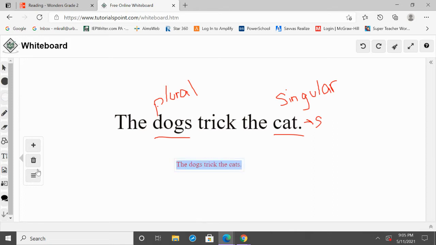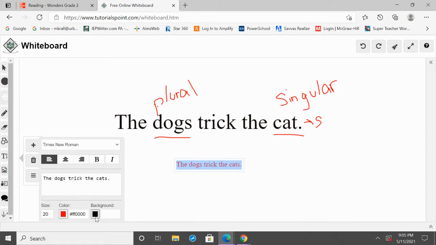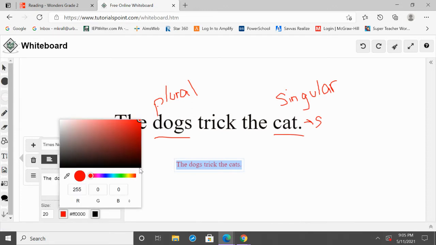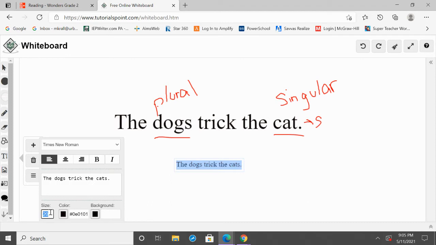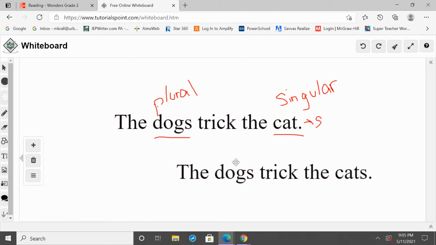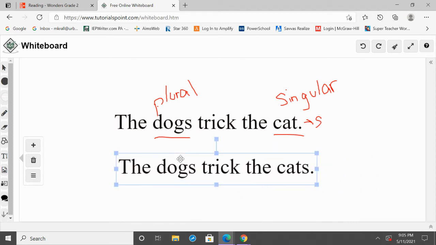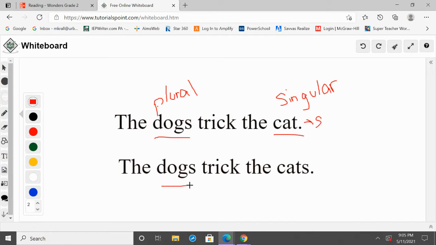You can see that changing cat to cats changes our sentence completely. Now we're not just picturing a bunch of dogs tricking one cat. We're picturing a bunch of dogs tricking a bunch of cats, because now we have two plural nouns. Dogs, more than one dog, and cats, more than one cat.